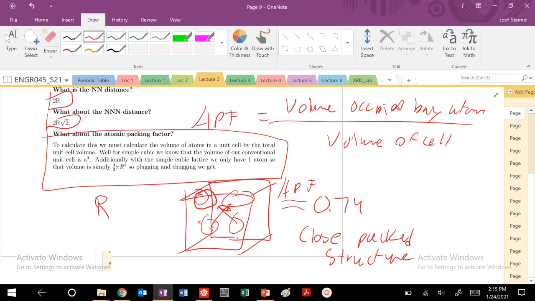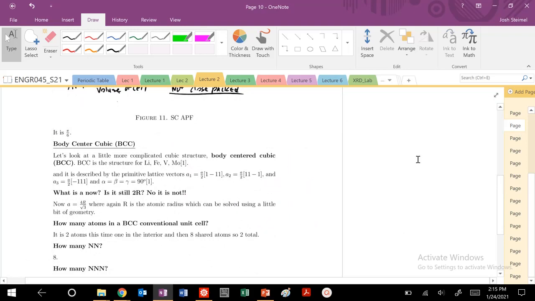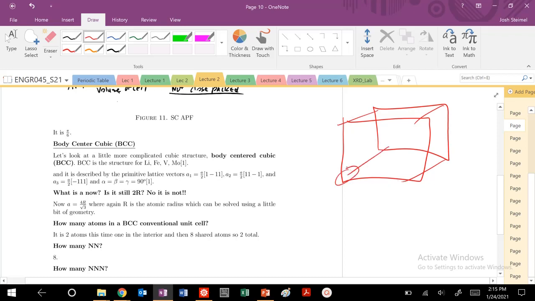So let's see what the atomic packing factor of our unit cell is. Let's go ahead and do that. I might head over here because I want to show this in person. I've got my simple cubic here. What's the volume of this sphere that has some radius r? I know that APF is equal to the number of atoms, which for simple cubic is 1, times the volume of that atom, which is 4/3 pi r cubed.